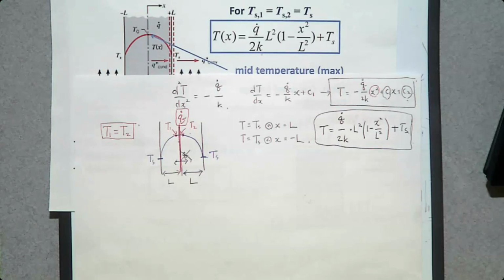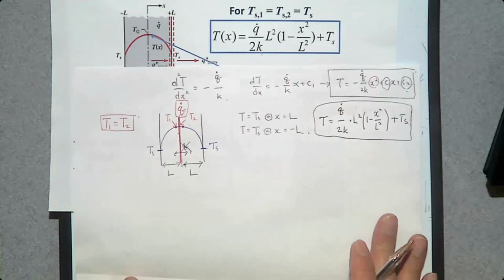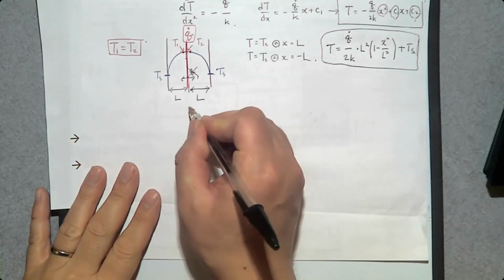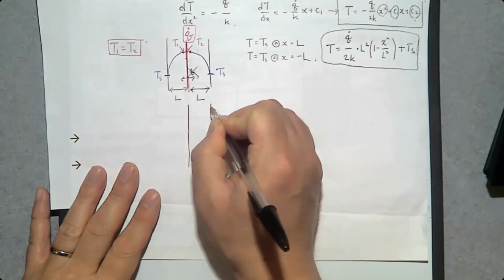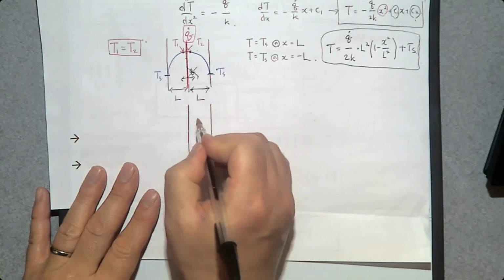So this symmetric boundary condition can be used as a plane wall whose thickness is only half of this one.